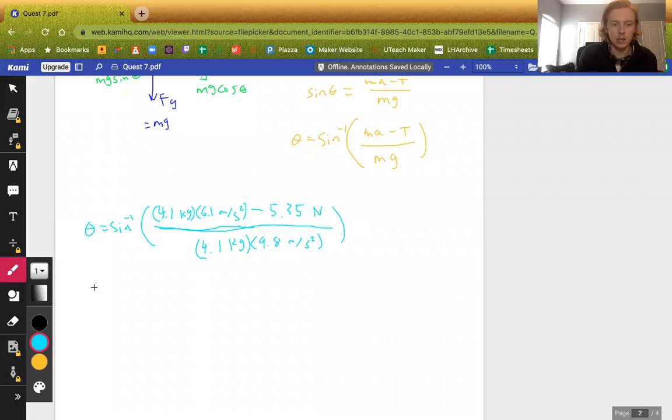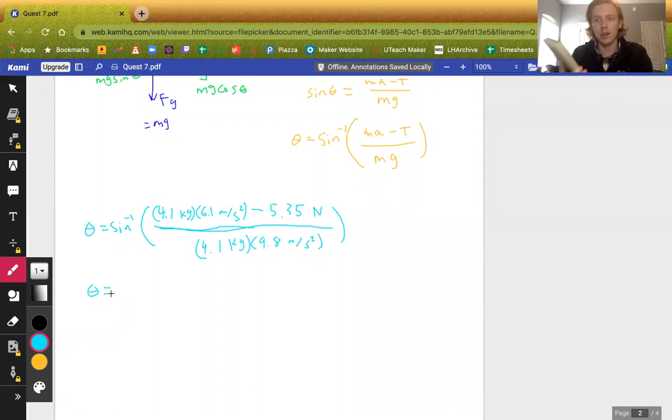So let's go ahead and plug it into our calculator. We get that theta equals the inverse sine of 4.1 times 6.1 minus 5.35 over 4.1 times 9.8. Now with things like this, make sure that you are being super careful about your order of operations when you're plugging things into a calculator.